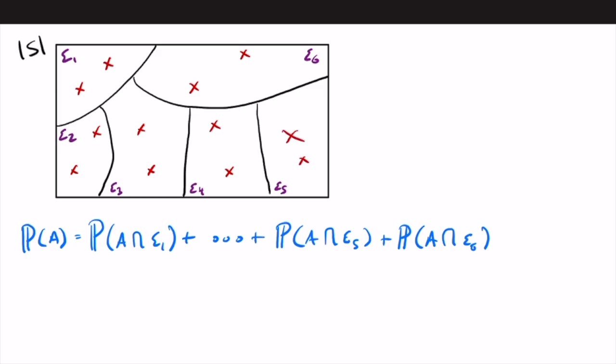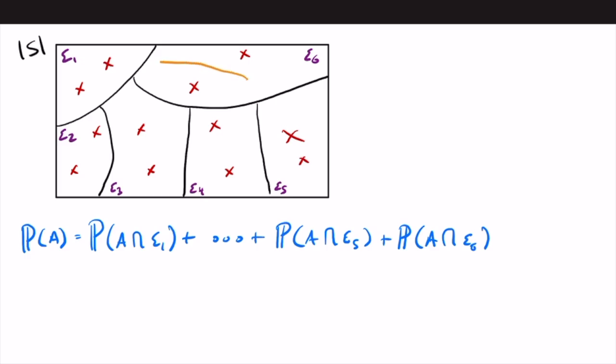Let's say that we have, in yellow, I want to avoid E5.